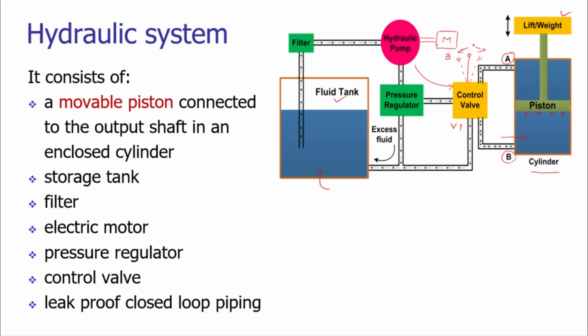So we have to spill out the excess pressurized fluid from the system. For that purpose, we are using a pressure regulator. If the fluid pressure is more than the critical pressure, the excess fluid will be passed through the pressure regulator valve, and it will get back to the fluid tank.